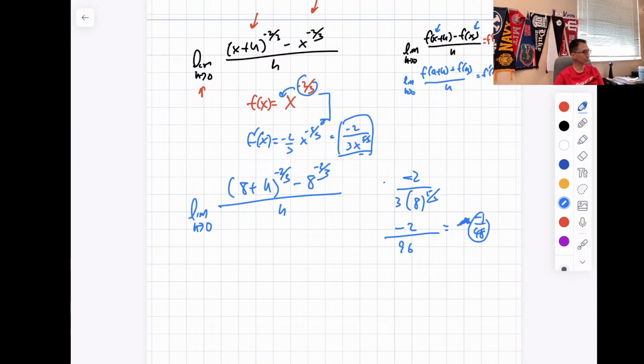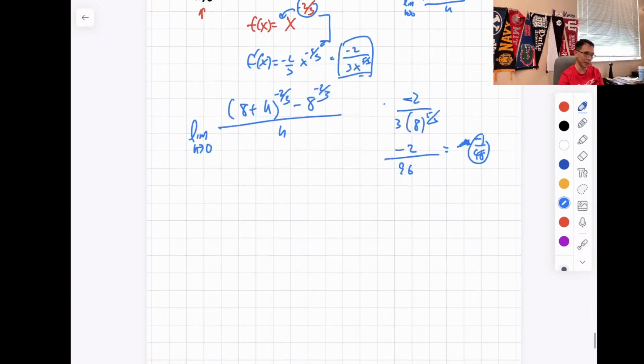Well, if we were just given the multiplication, we would have to find the derivative first, because that's f prime of a. Now, can this question be written in the alternative definition of the derivative? Yeah, very easy.